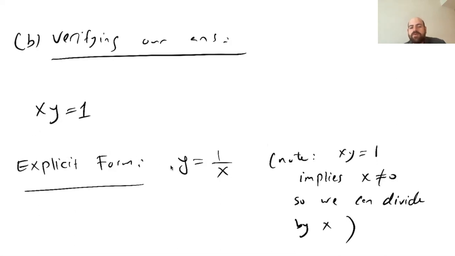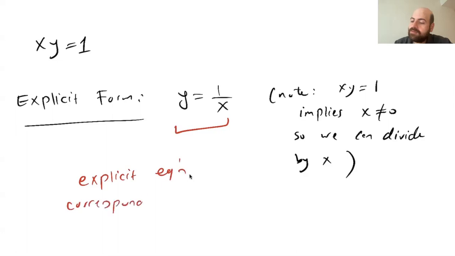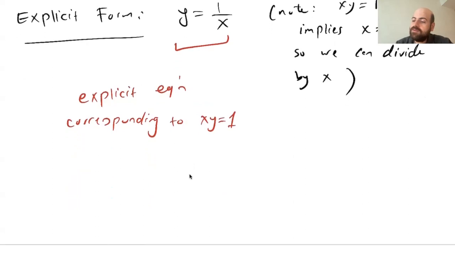And then we get y equals 1 over x. So this is the explicit equation corresponding to the equation xy equals 1. And then I just need to use derivative rules to find y prime.